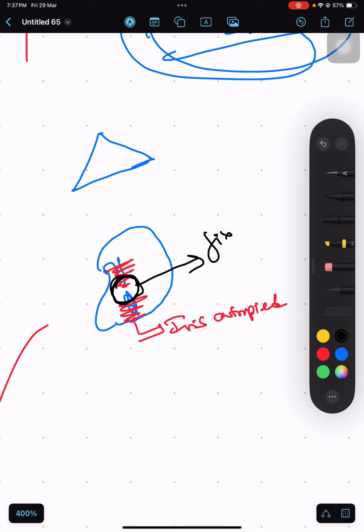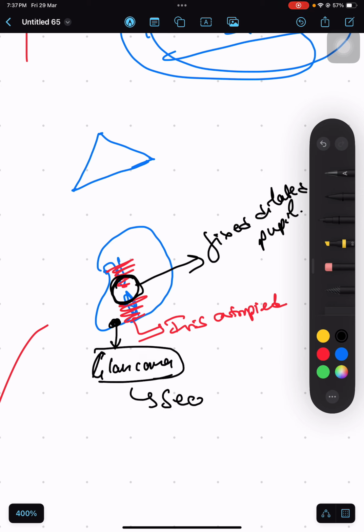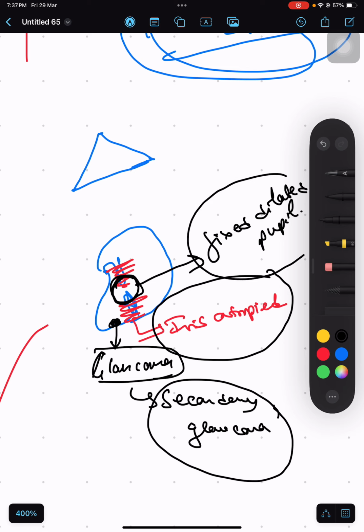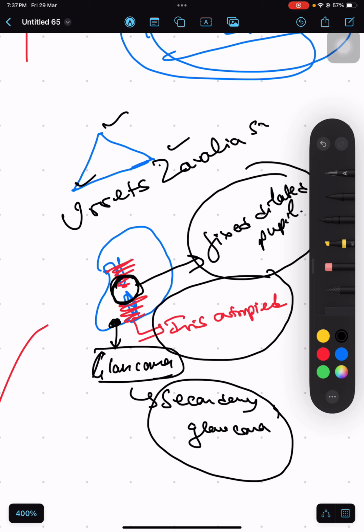So this is known as a fixed dilated pupil. And I already told you, because of the inflammation there might be glaucoma, and inflammatory mediators causing glaucoma is actually secondary glaucoma. If there is secondary glaucoma, iris atrophy, and fixed dilated pupil, this is a triad known as Urrets-Zavalia syndrome. This is a very, very rare condition.